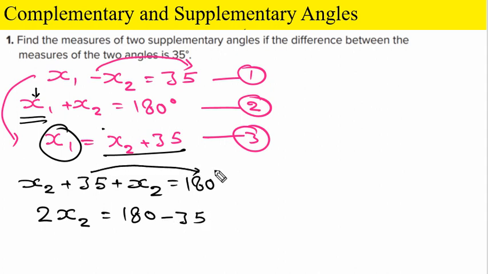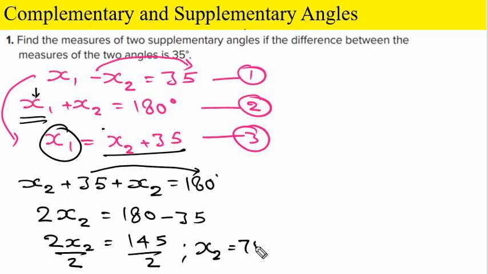This is positive, the other side will go to negative. So x2 will be 72.5 degrees. So angle 2 is 72.5 degrees.